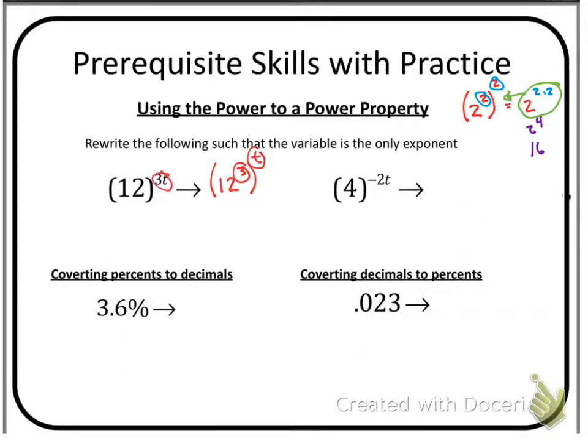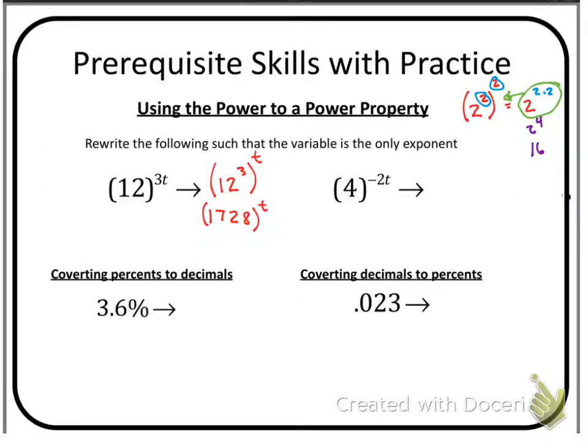So we just undid it. Now, we always check to see if we can simplify, and 12 to the 3rd power gives us 1728. Don't forget to raise that to the t power. Parentheses are not necessary there because you only have one: 1728 and a t.